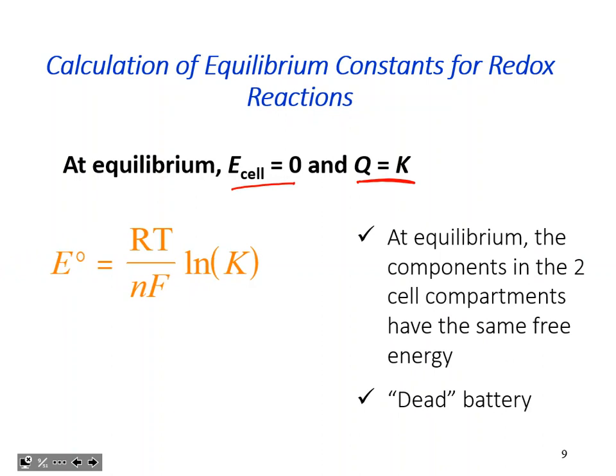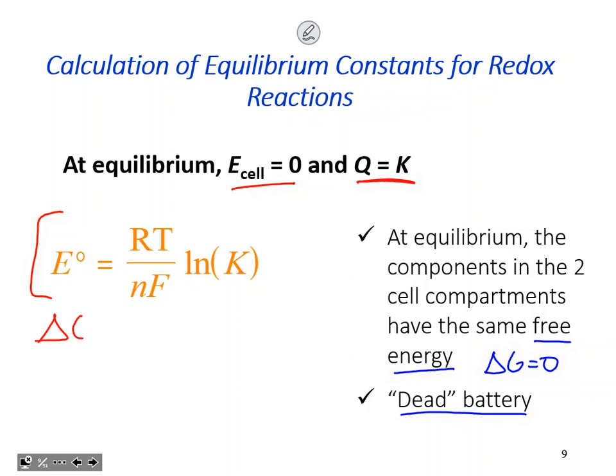And at equilibrium, the components in the two cell compartments have the same free energy. So that means delta G is now 0 as well, and you basically have your dead battery because you have no directional flow of electrons. Now this one is not on the formula sheet, but I'm going to show you how you can easily get it if you need it.